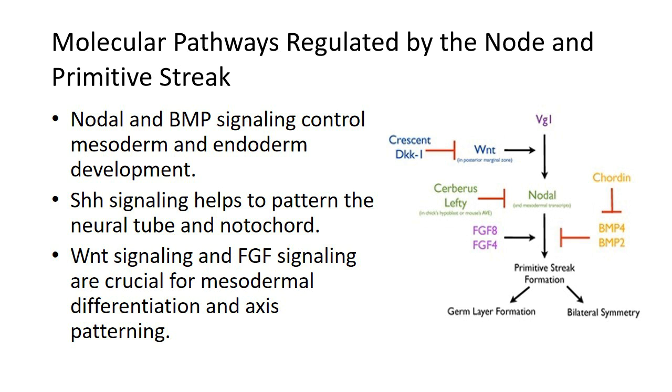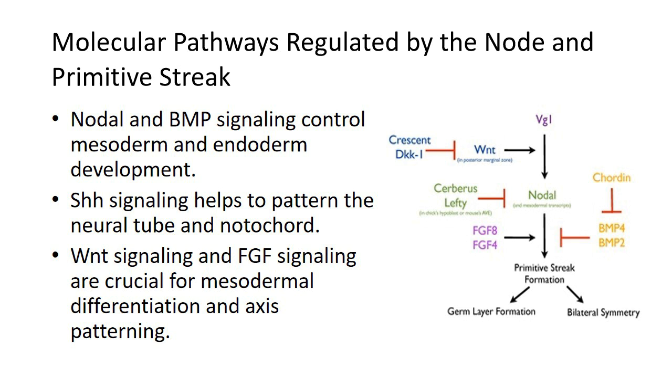Signaling helps establish the floor plate of the neural tube, a critical structure for the proper formation of the central nervous system.